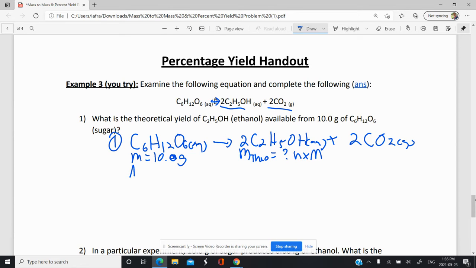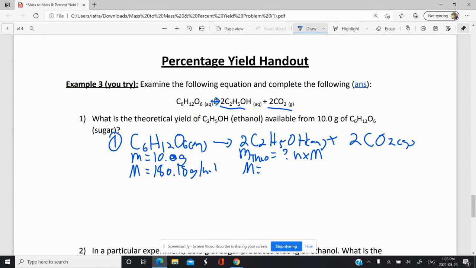So let's just write out our molar masses for these respective compounds. For glucose, 6 times 12.01 plus 6 times 16 for the oxygen, plus 12 times 1.01 for the hydrogen. And so we get 180.18 grams per mole.